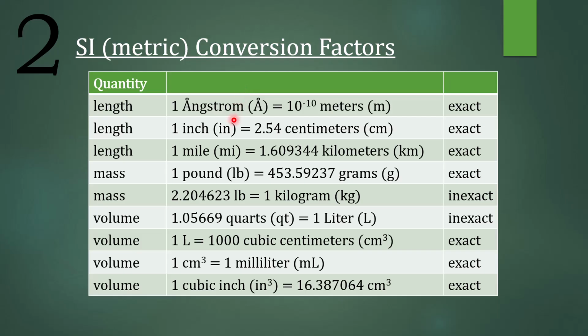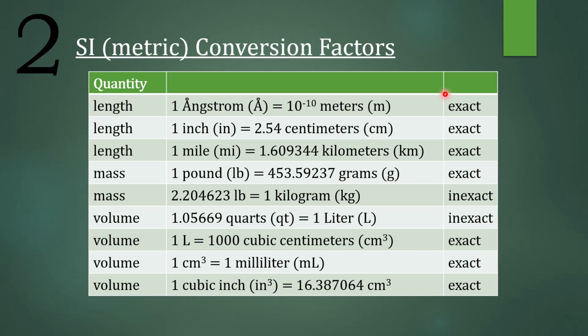Again, we've got conversion factors between inches and centimeters and so on. We'll be using these conversion factors quite a bit when I talk about the metric unit prefixes in the next video, and conversion factors in a later video. One thing I also want to point out in this very last column is that I've listed what are called exact or inexact conversion factors.